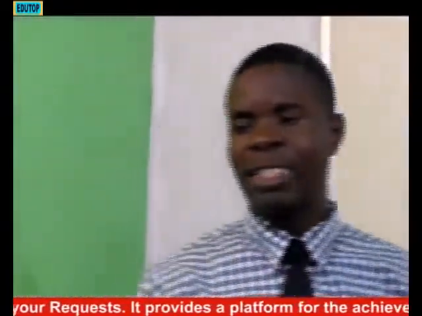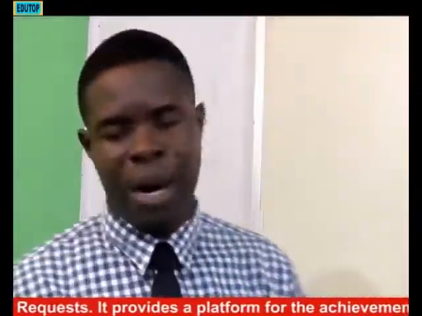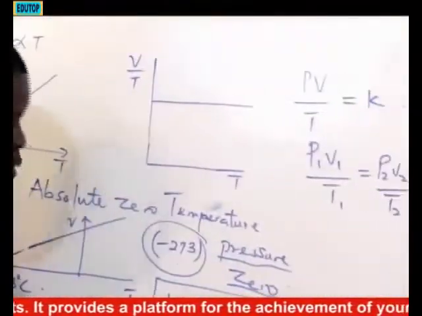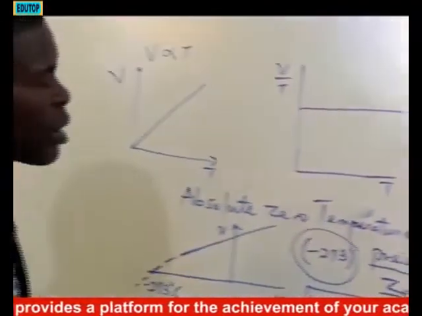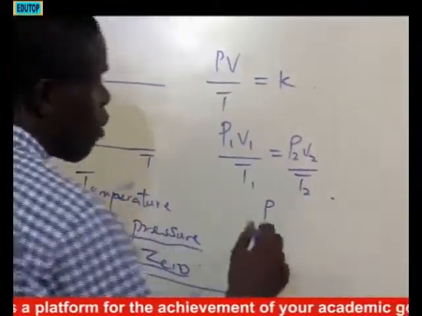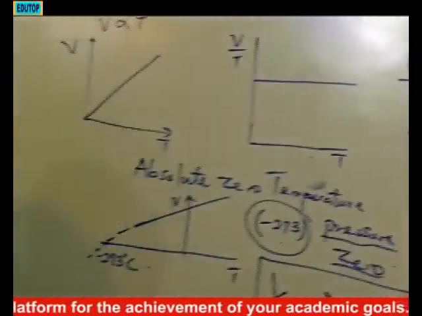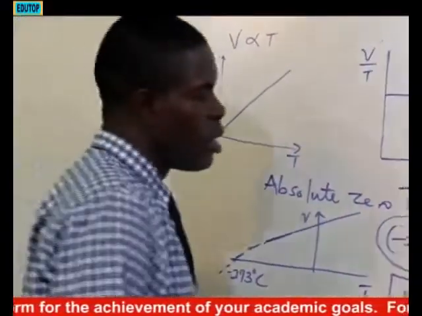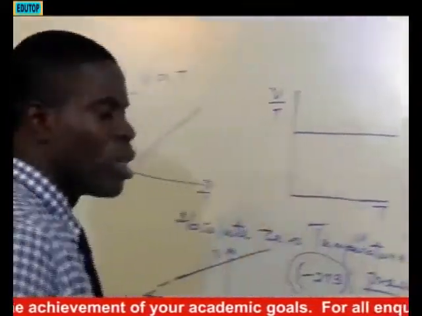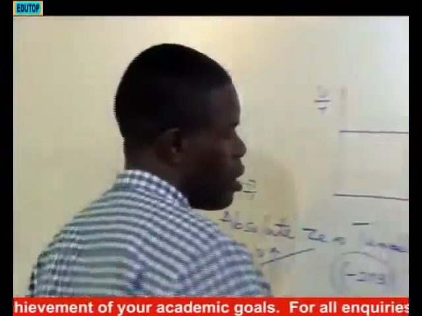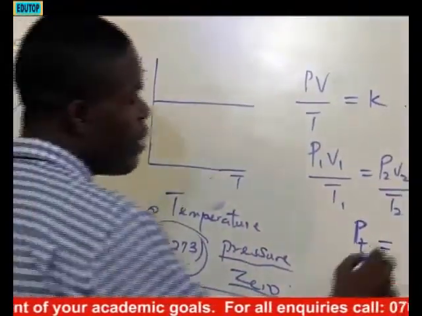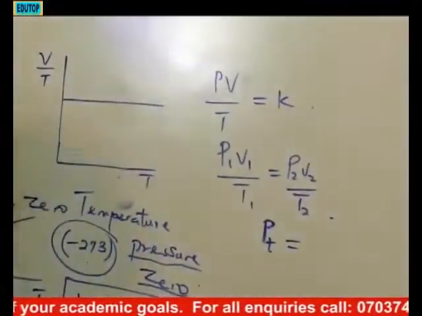Then the next one is Dalton's law of partial pressure, which states that if there is a mixture of gases which do not react chemically together, the total pressure exerted by the mixture is equal to the sum of the partial pressures of the individual gases that make up the mixture.